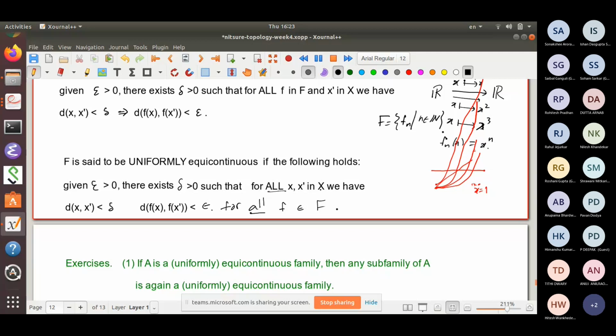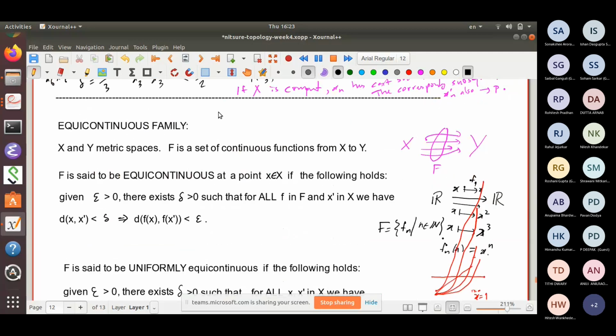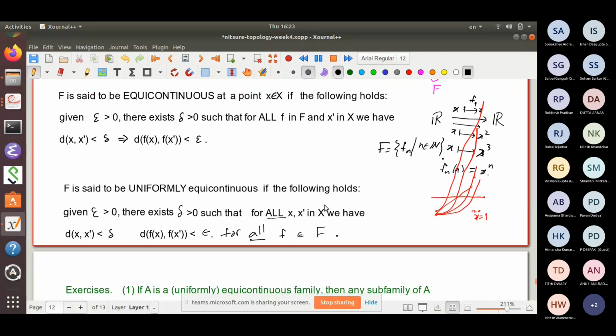This all is all over X. This all is all over the family of functions. So this double uniformity is called uniform equicontinuity. One of them is called equi, the other is called uniform. Equi is when you are varying the function. Uniform is when you are varying the point, because uniform continuous function is when you vary the point.